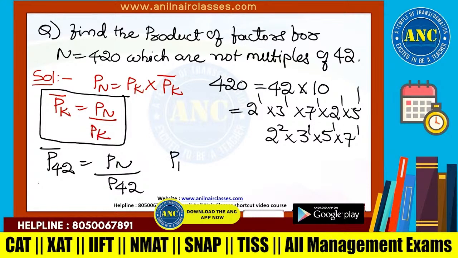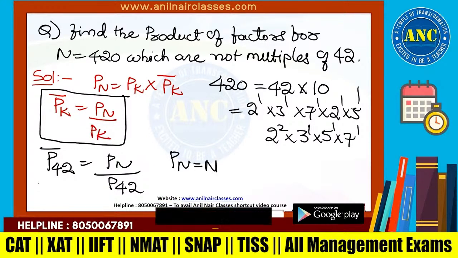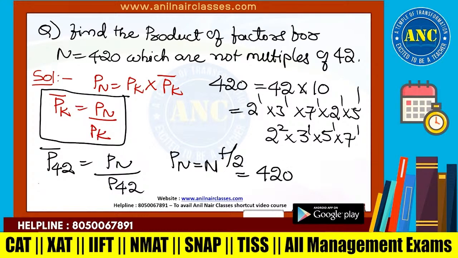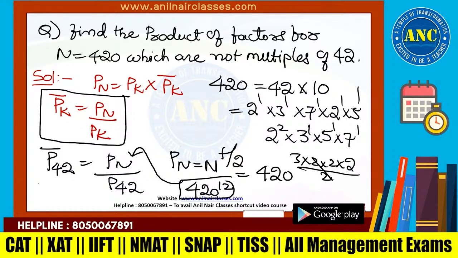So Pn is nothing but number power number of factors by 2. 420 power number of factors, which is 3 into 2 into 2 into 2, by 2. So this is nothing but 420 power 12. We got Pn. If we get P42, then the answer is over.